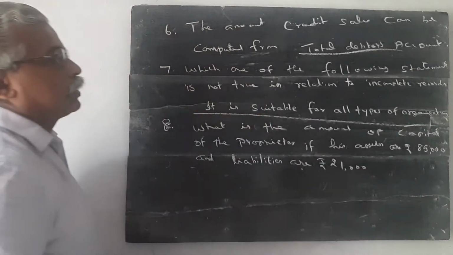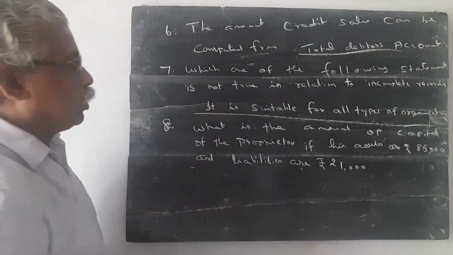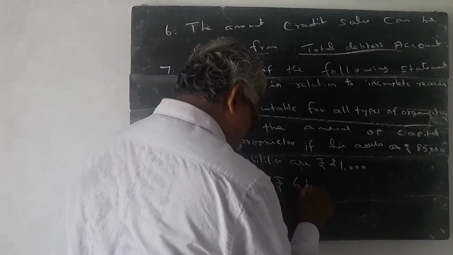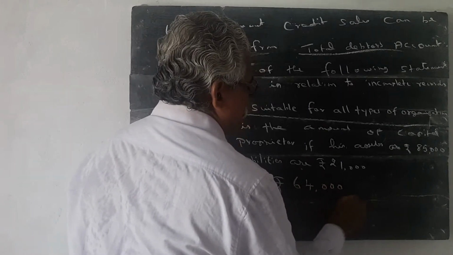Here 4 answers are given. 85,000 minus 21,000 is equal to rupees 64,000 is the answer.